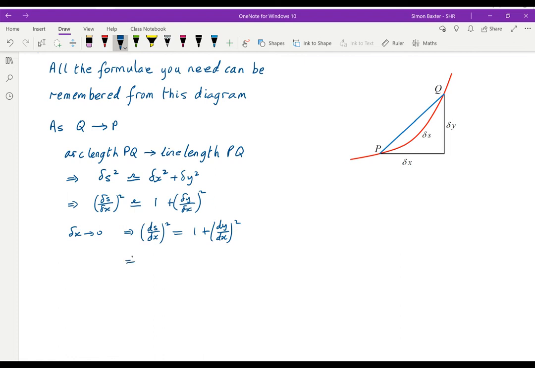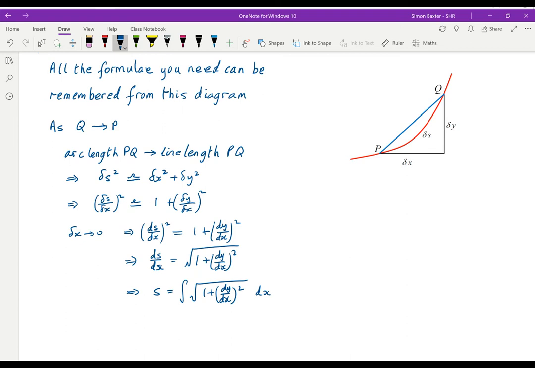Take the square root, and we get that ds by dx is equal to the square root of 1 plus (dy by dx) squared. Integrate, that should have been the dx, integrate, and we get that s is equal to the integral of root 1 plus (dy by dx) squared dx.